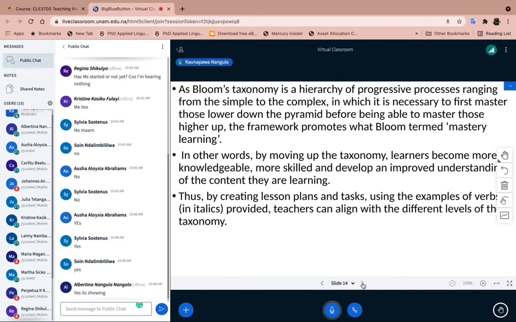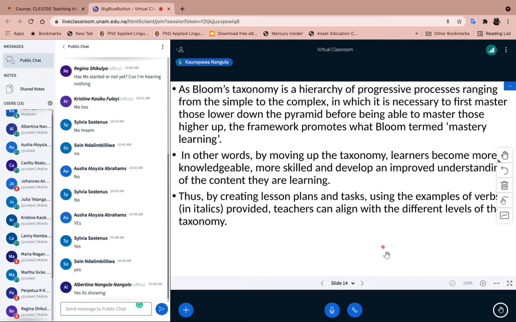As Bloom's taxonomy is a hierarchy of progressive processes ranging from simple to complex. Simple as in remembering being the simplest, and then creating being the complex, in which it is necessary to first master those lower down the pyramid before being able to master those higher up.